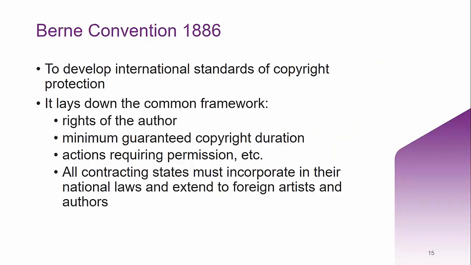So in 1886, the Berne Convention for the Protection of Literary and Artistic Works was held to further protect artists, musicians, photographers, designers, and so on. The main aim was to provide mutual recognition of copyright between nation states and to promote the development of international standards for copyright protection.